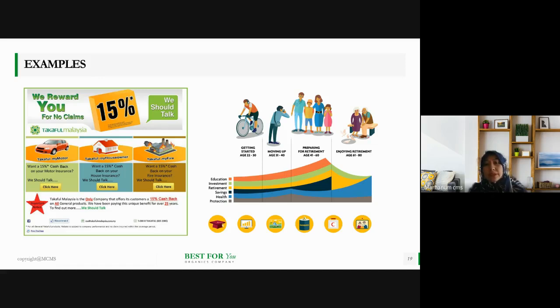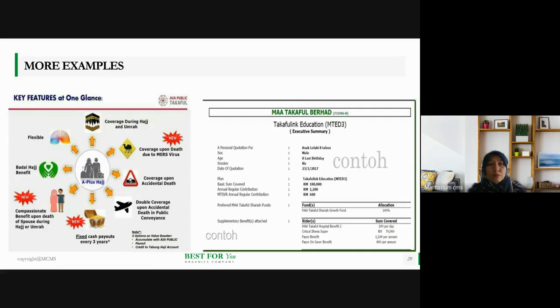And this is family Takaful. It covers education, investment, retirement, saving, health, and protection. More examples: nowadays we have Takaful for Hajj, Takaful for health covering the MERS virus, and double coverage upon accidental death in public transport.